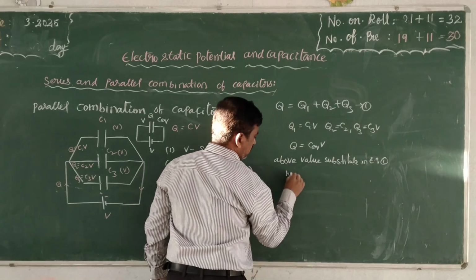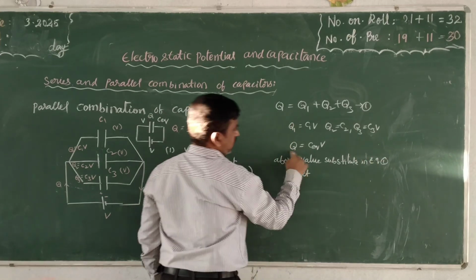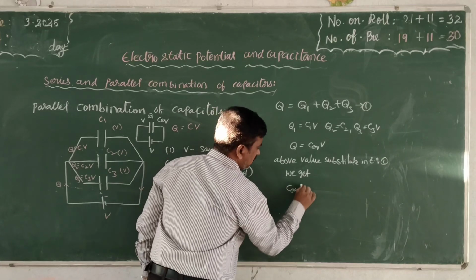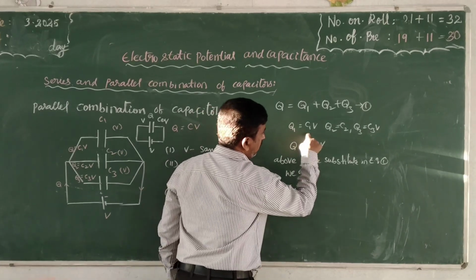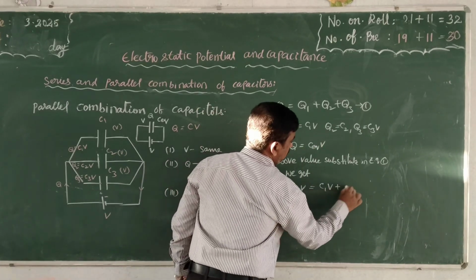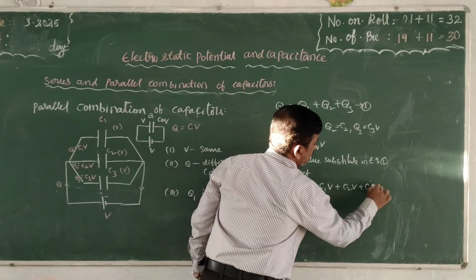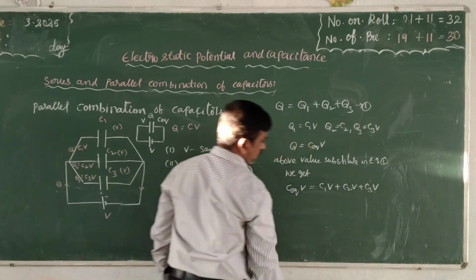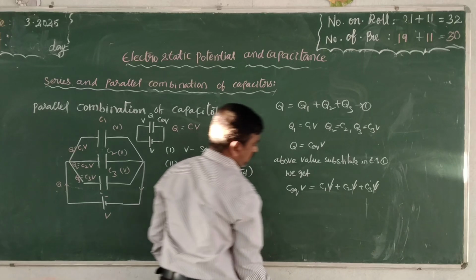We get Q, that is C equivalent into V, equal to Q1 that is C1V, Q2 that is C2V, Q3 that is C3V. So V is common, so we cancel it.